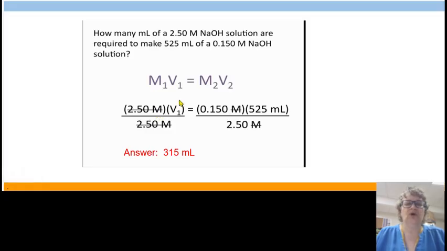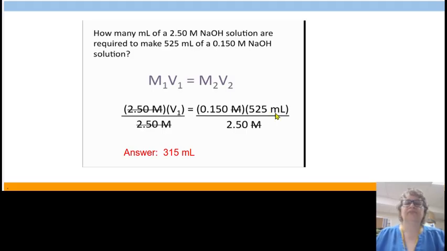We don't know what the volume of that is. We need to know how much we need to add. And then we want to make a 0.150 molar solution by diluting it with 525 milliliters.